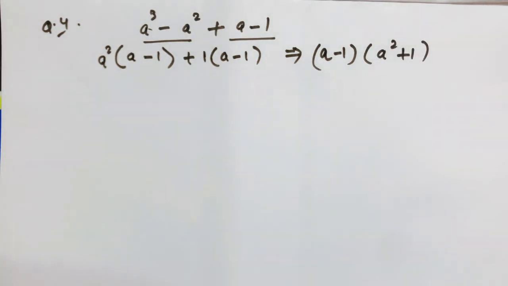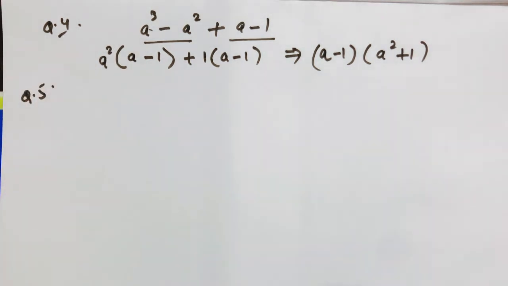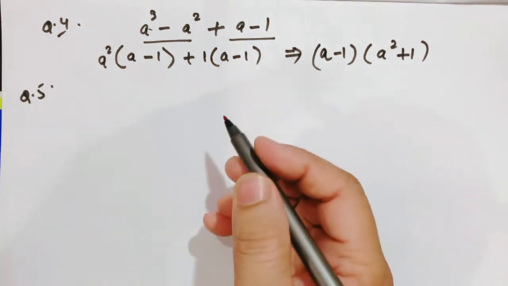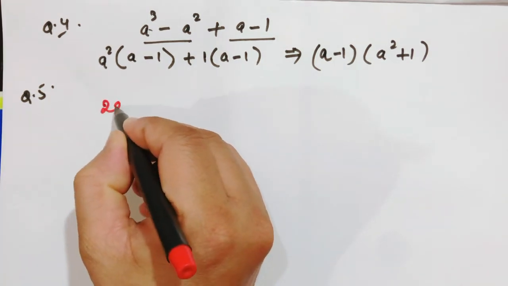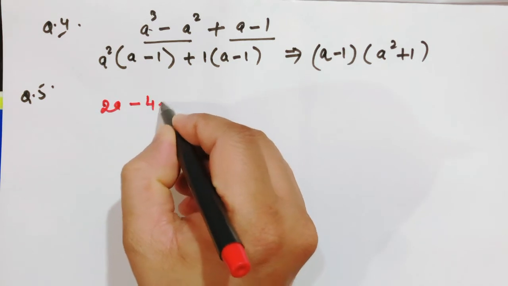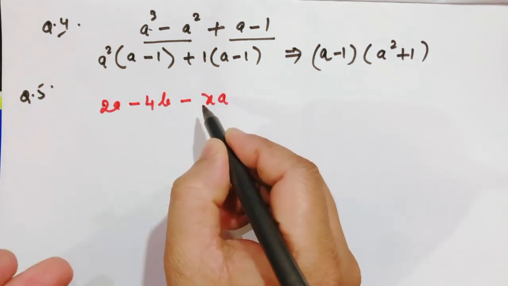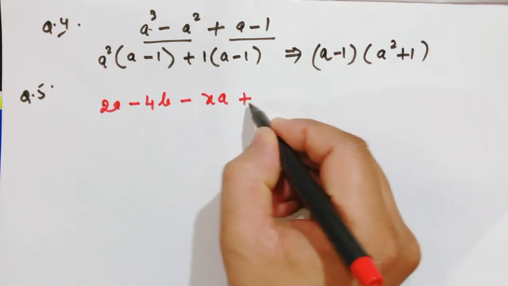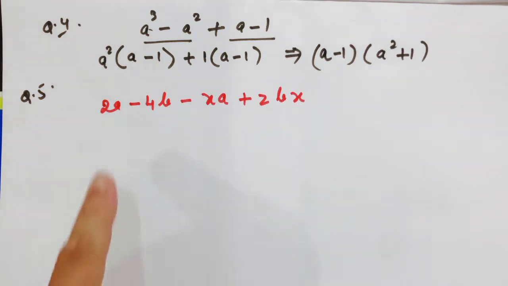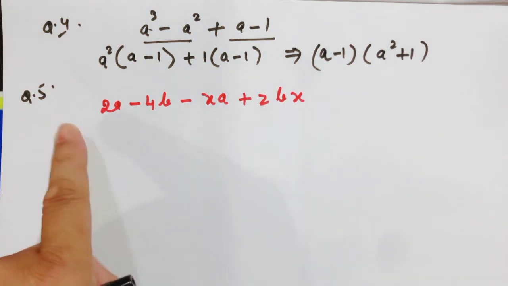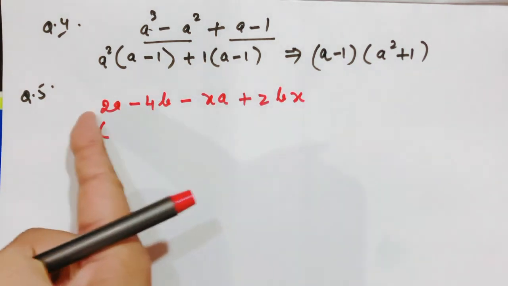Okay, there is a lot more ahead. Come to number 5. In number 5 they have started, see the level increased. How? They have started giving you numbers. 2a minus 4b minus xa, it should be ax, but they have given xa. Never mind, it is 2bx. Now let us see 2a minus 4b. If you take 2 as common, what will remain?